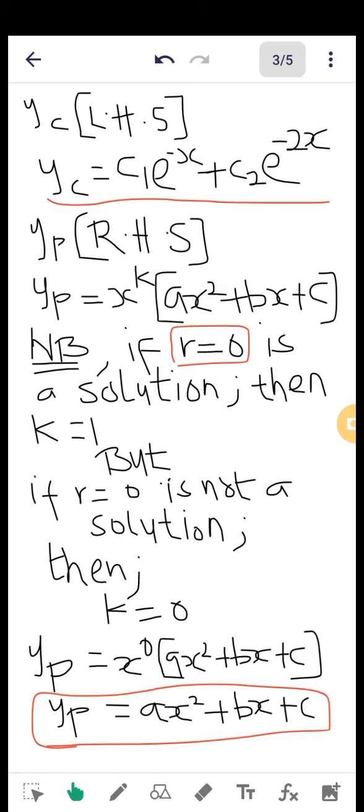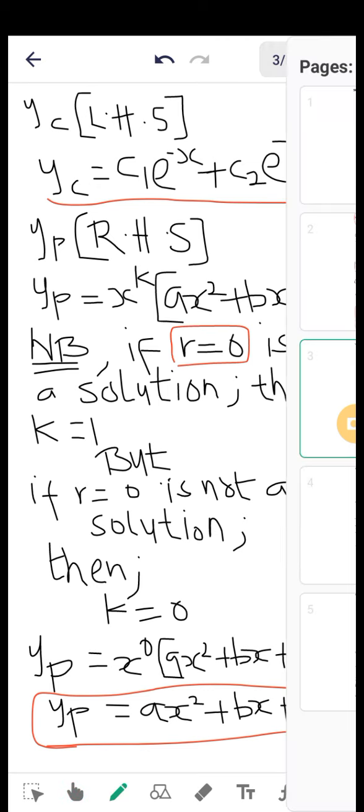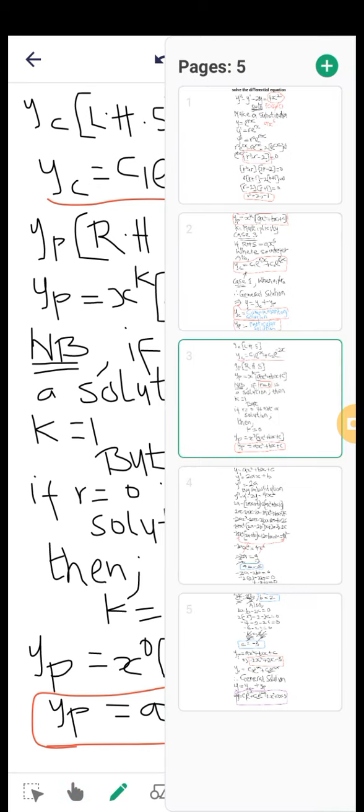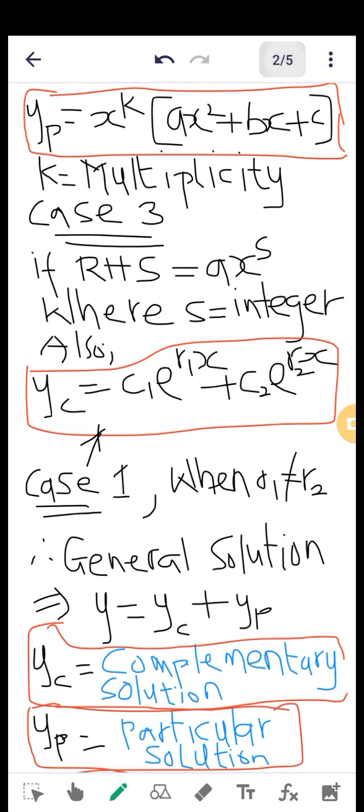So we can make a substitution. We wrote the trivial solution in this form, but from our previous solution, we saw our r to be minus 1 and 2.